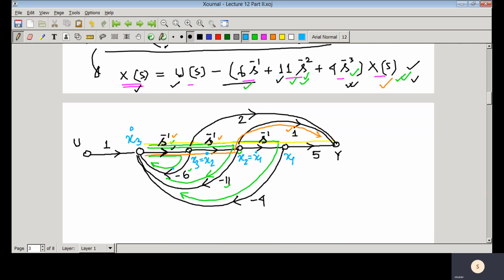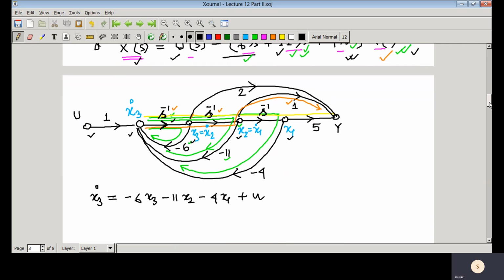So just from this state diagram we can write that x3 dot equal to minus 6x3, you can see here minus 6x3, then minus 11x2, then minus 4x1 plus u.